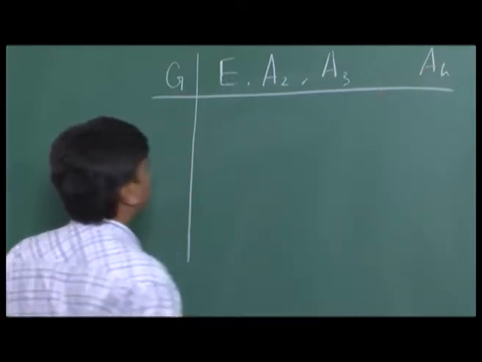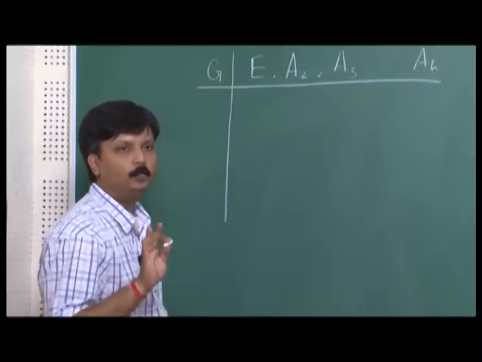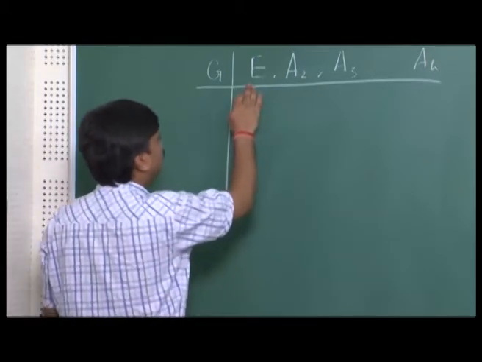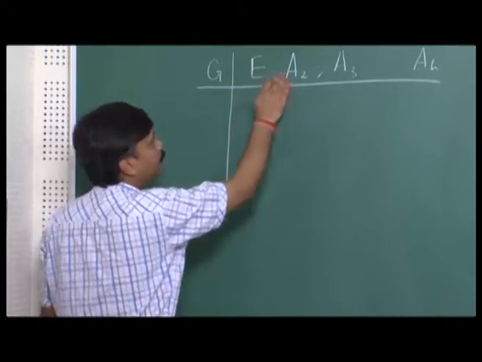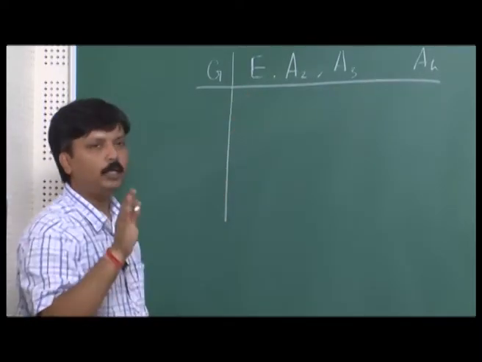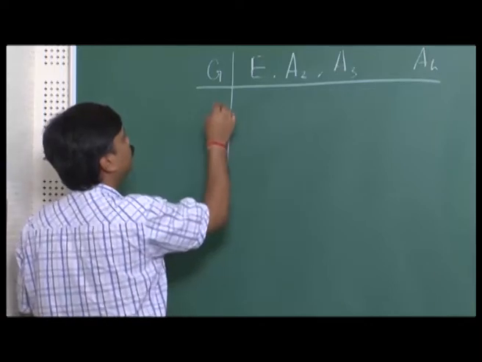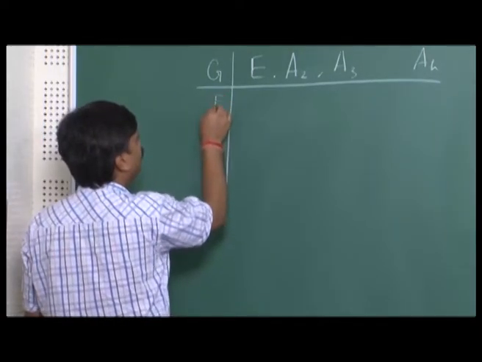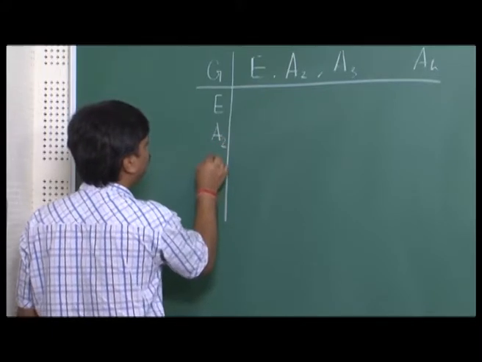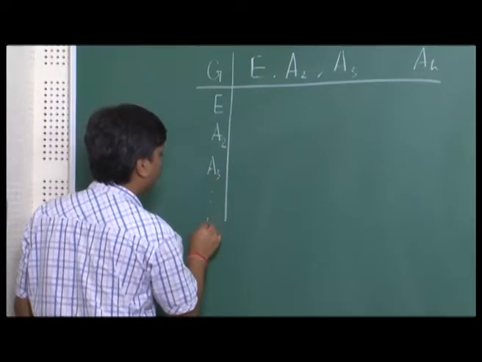Then what we do in order to get the group multiplication table is the following. So we write also the same symmetry operations, or in general in case of a group, we write all the elements that are there in this group in the column also in the same order. So we will write E, A2, A3 up to AH.